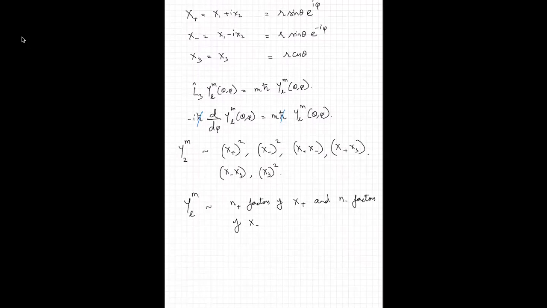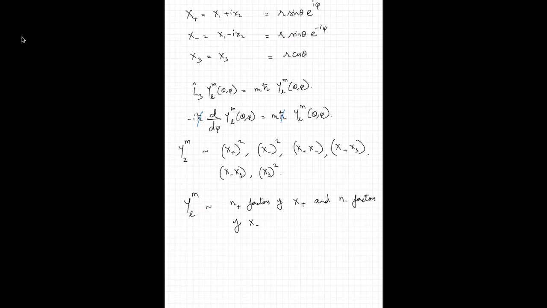In general, n plus can be 0, 1, 2, whatever it is. For example, in the Y_2m example above, in the first term, n plus is 2, n minus is 0. In the second term, n plus is 0, n minus is 2. In the third term, n plus is 1, n minus is also 1. In the fourth term, n plus is 1 and n minus is 0, and so on and so forth.